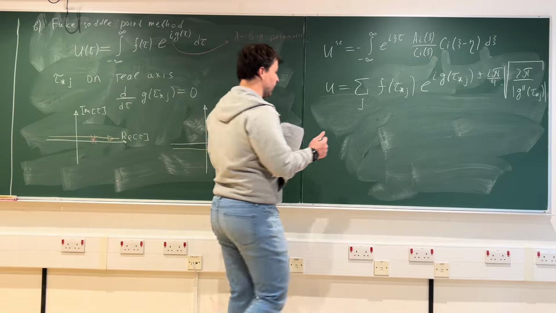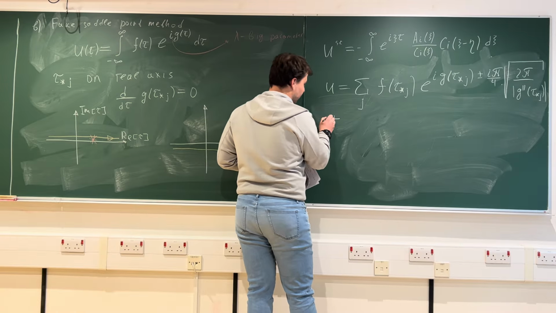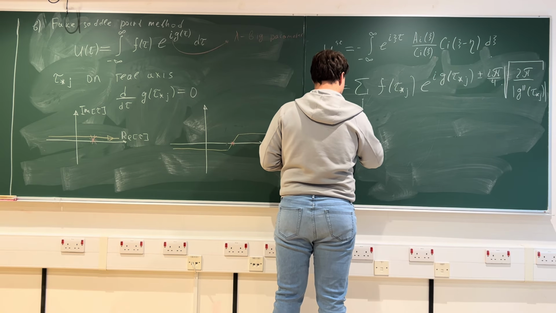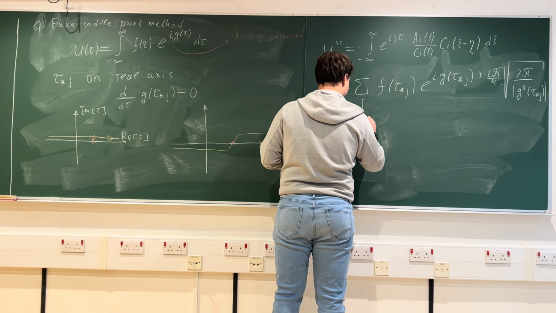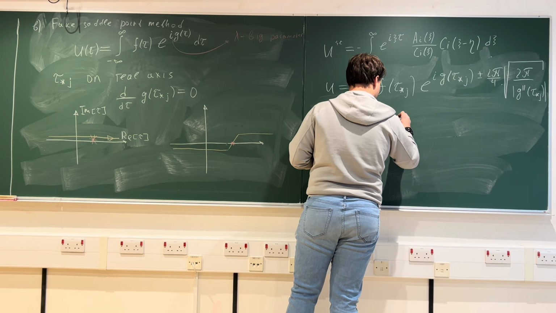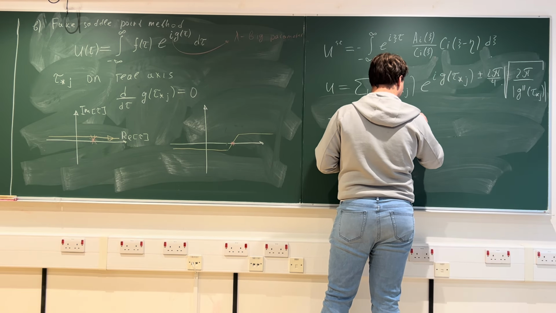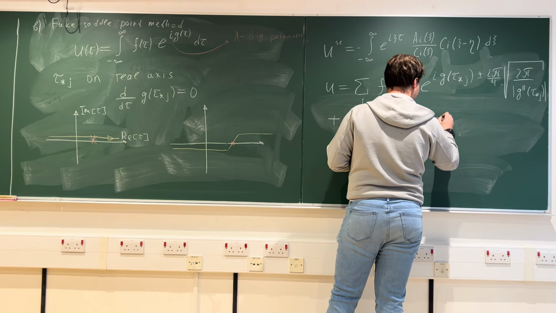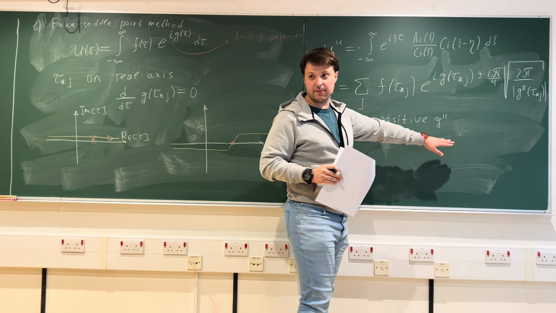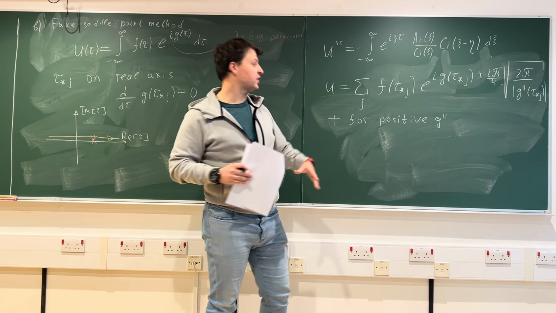The only thing I should clarify is that you use plus for positive, and G double prime means a second derivative at this point.